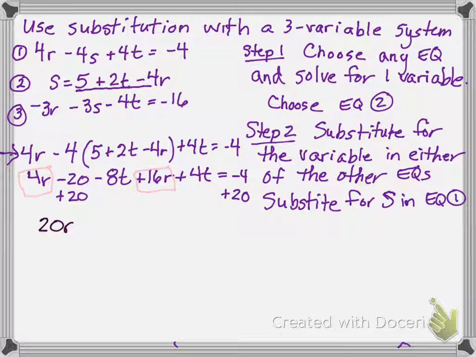And then we have negative 8t plus 4t, which gives us negative 4t. And negative 4 plus 20 is 16. And I'm going to call this equation 4. Is my math okay? Everybody follow through with that?